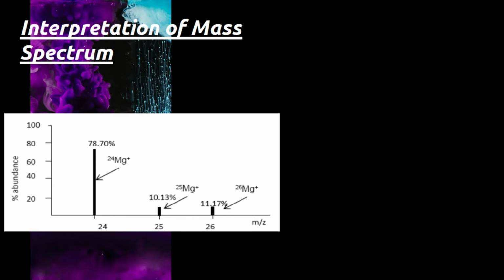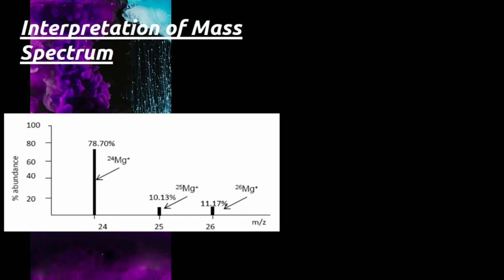Then we have something called the M+1 peak. The M+1 peak is always the peak which is just on the right hand side of the molecular ion peak. So for example, in this case, the M+1 peak is the positive ion of magnesium with a mass to charge ratio of 25.